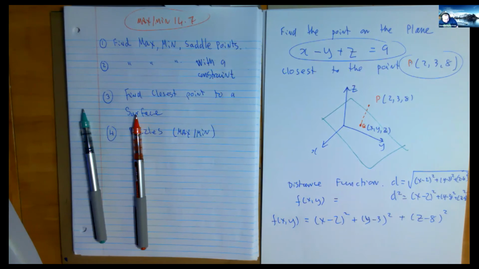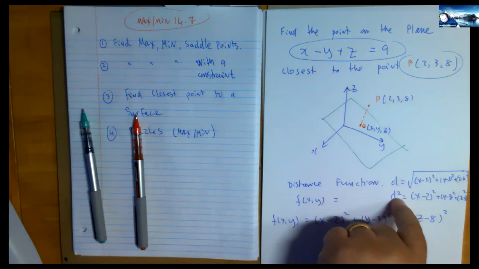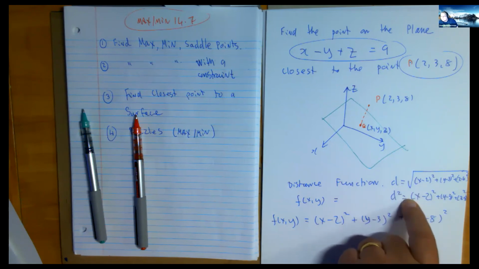Now, why is that cool? Well, if that distance was 4, won't this distance just be 16? But won't it still be the closest point to the surface? The number that's the smallest square root, isn't it going to be the same place where the number is the smallest square? That's the argument for why that's allowed.